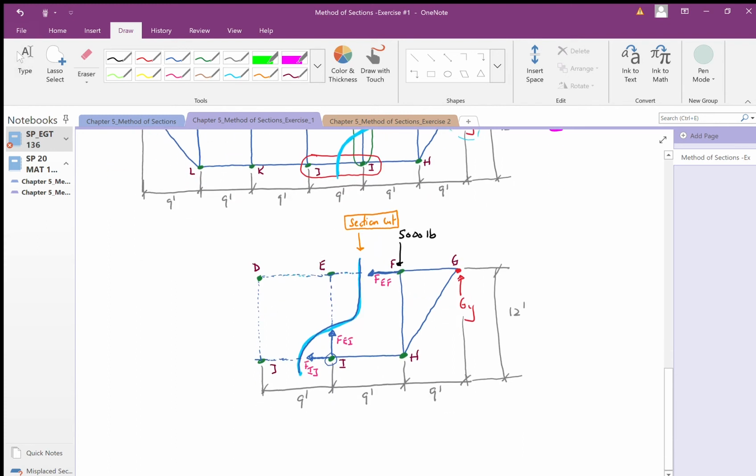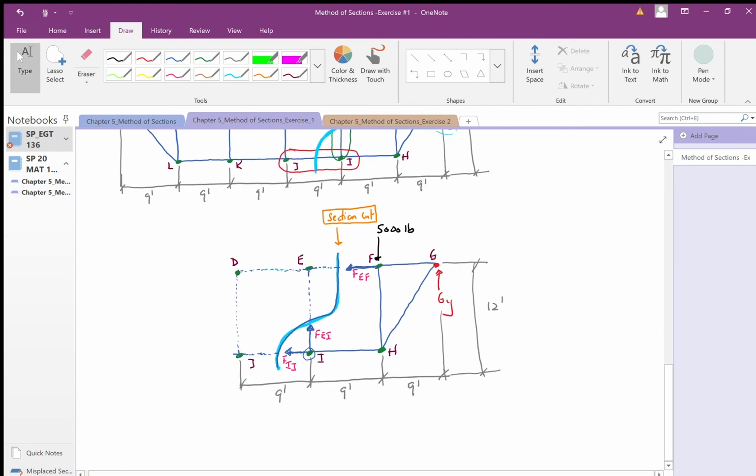Now, our next step is very simple. We want to find the force in IJ and the force in EI, whether in tension or compression. That's all they're asking.